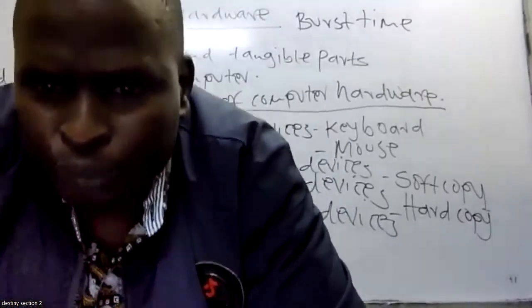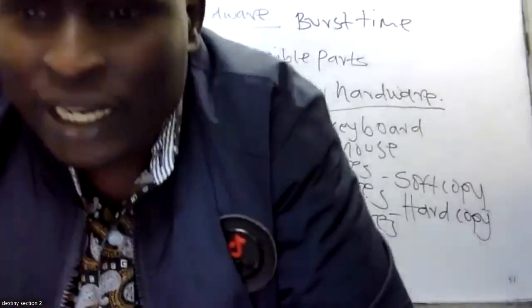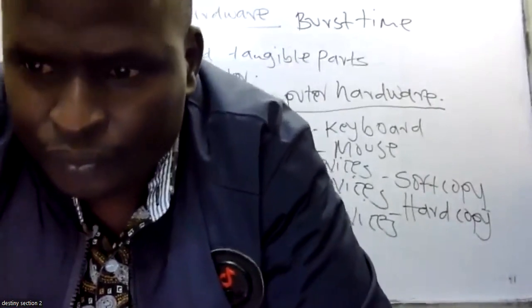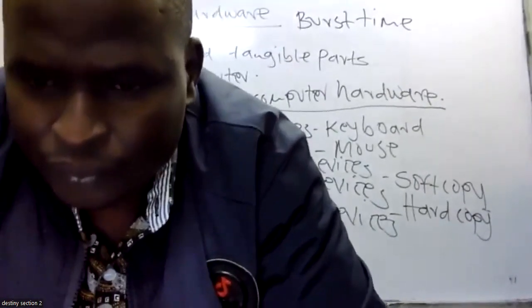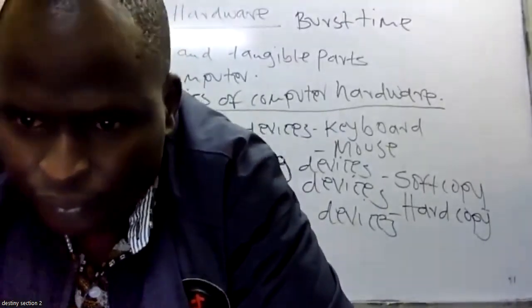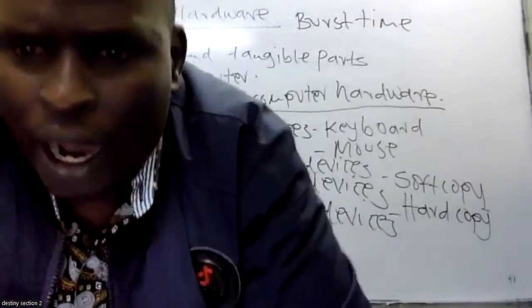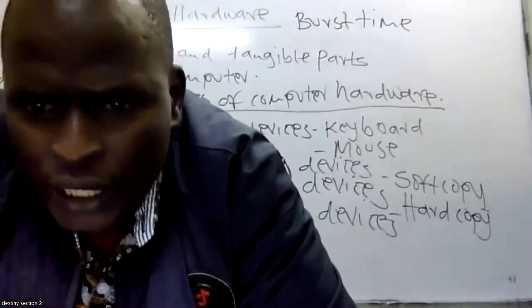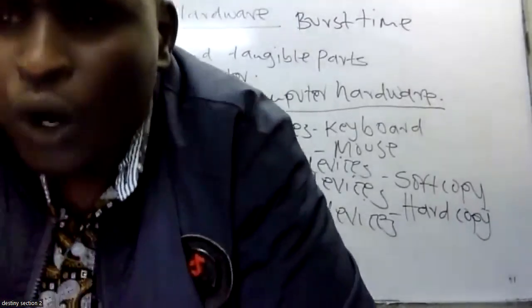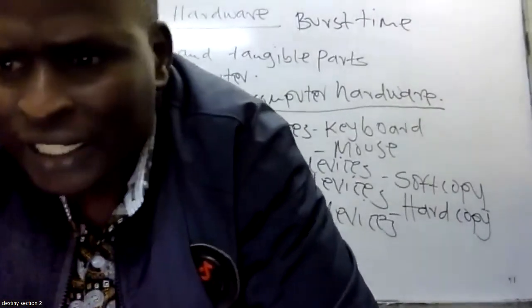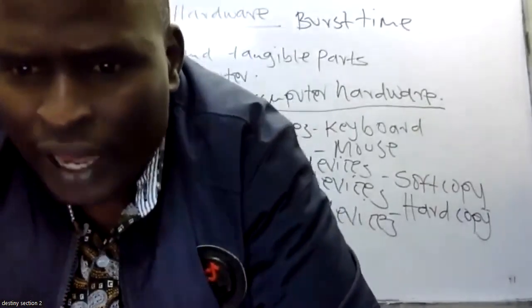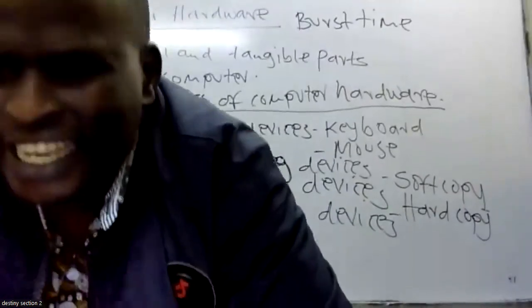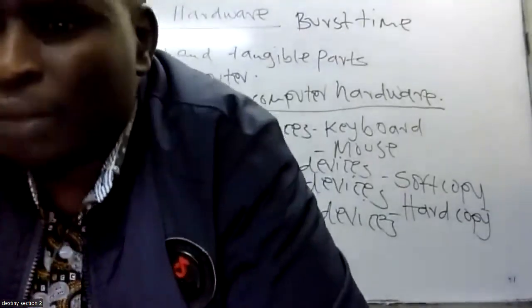Output devices. The output unit of a computer system holds the results in a human sensible format, or in other words, a human readable format.